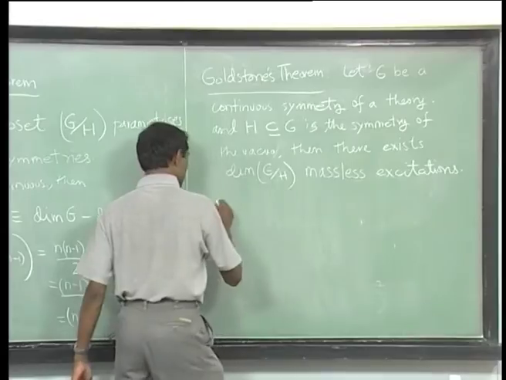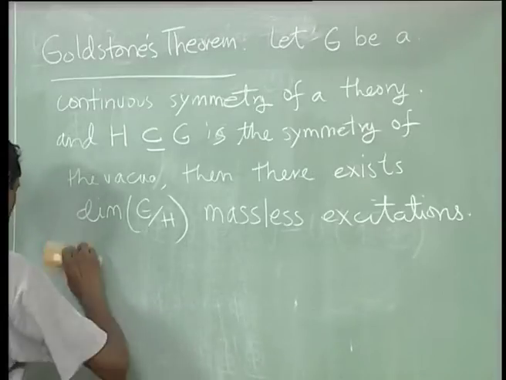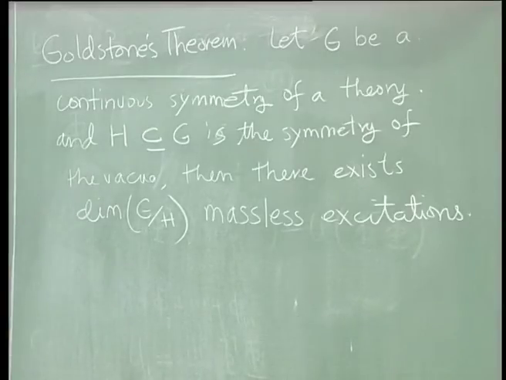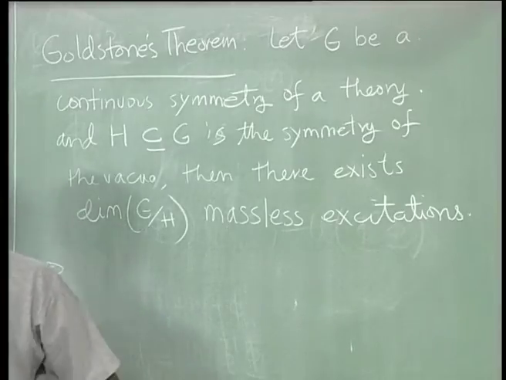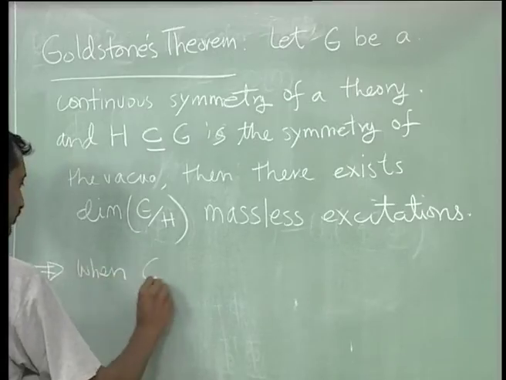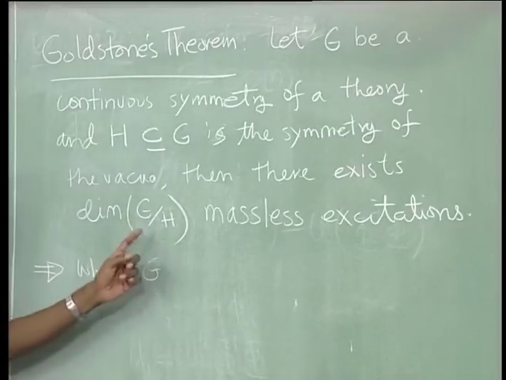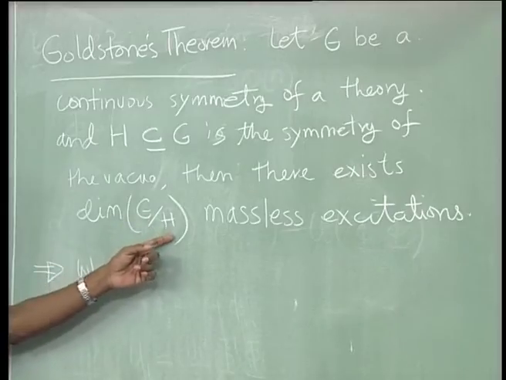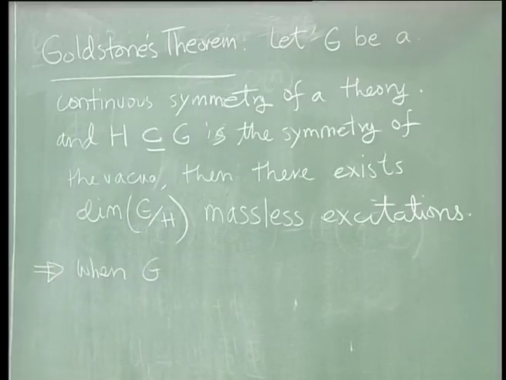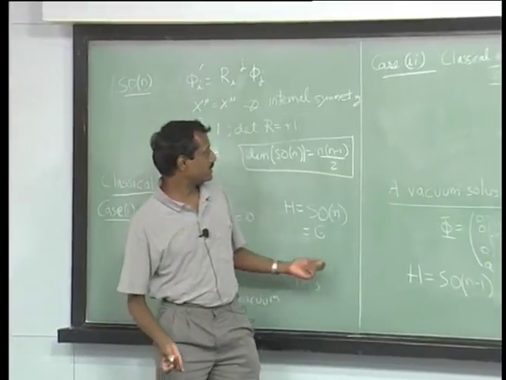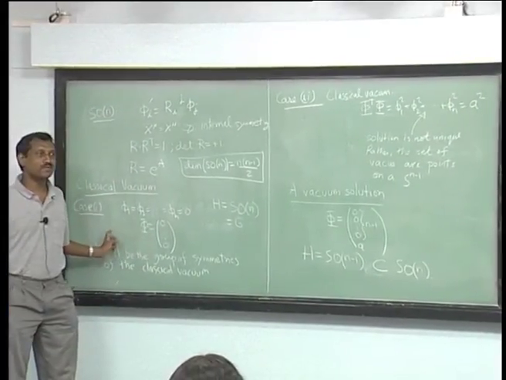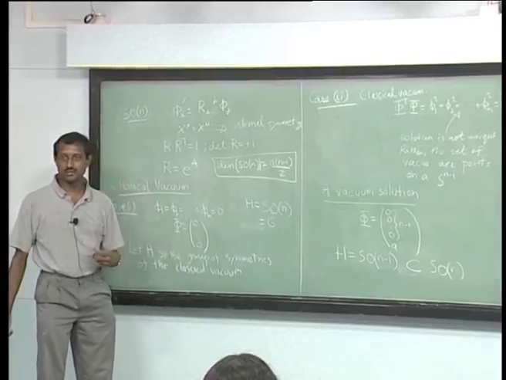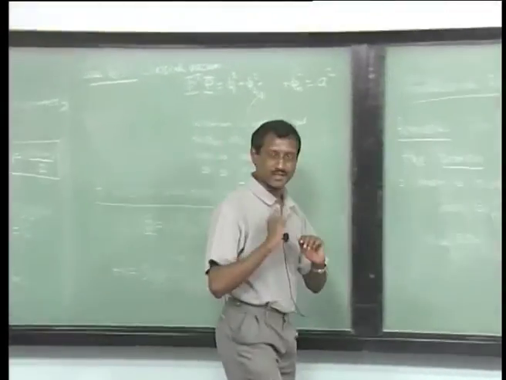To illustrate this, according to the application of this theorem, you can see that when G equals H, then your dimension is 0, which is the first case. In this case there are no massless excitations. In fact, the only excitations have a mass given by the parameter m which we had written. I will explain that a little bit more later.